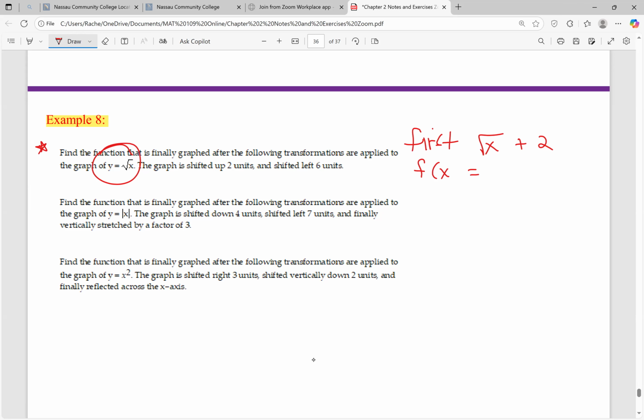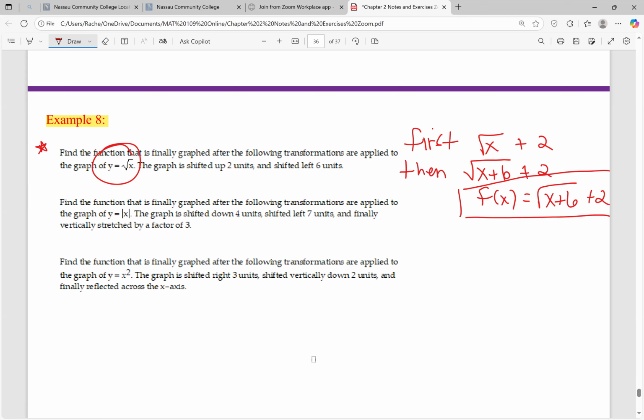And then we're going to take the square root. Now, if we want to shift it to the left 6 units, we're going to add 6 to x. And we still have the plus 2 on the outside. So f of x is going to be equal to the square root of x plus 6 plus 2.